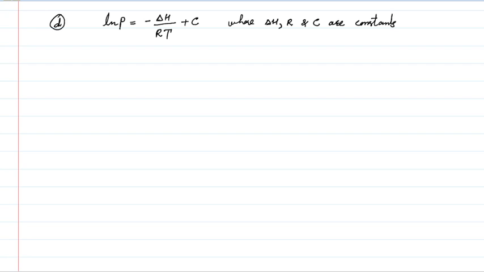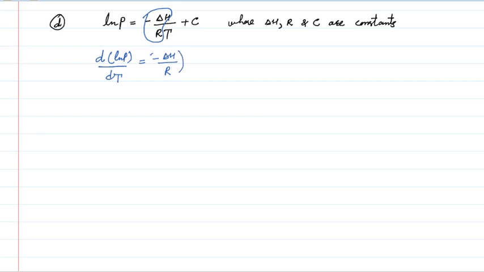Suppose the question is like this. What we have to do, we have to differentiate it with respect to temperature. How will we write it? d ln P with respect to dT will be equal to. So as per this, delta H, R and C are constant. So this much is constant, or you can say independent of temperature, you can first write it outside. Minus delta H upon R.